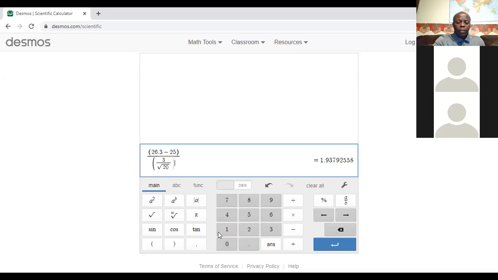Then we close this. The answer is 1.9379 and continues, but we're going to stop at the second decimal place: 1.94.